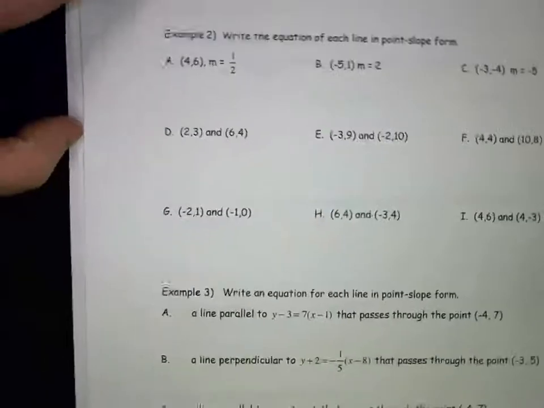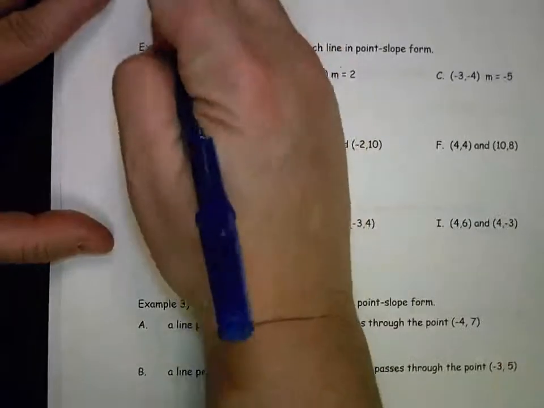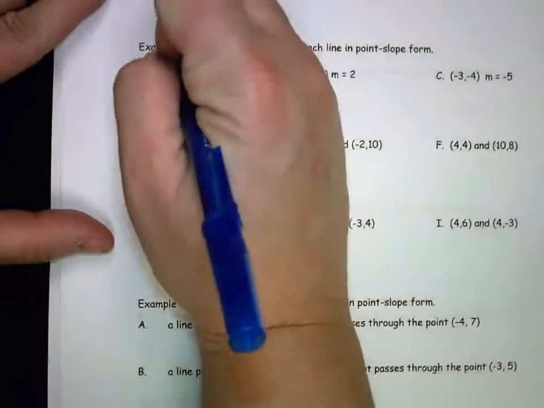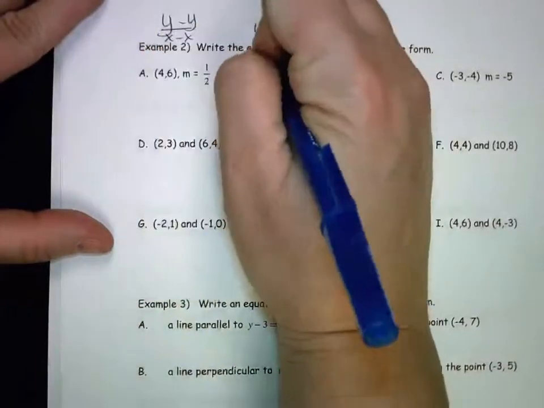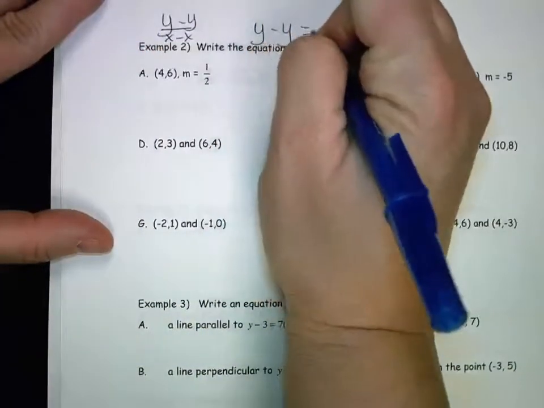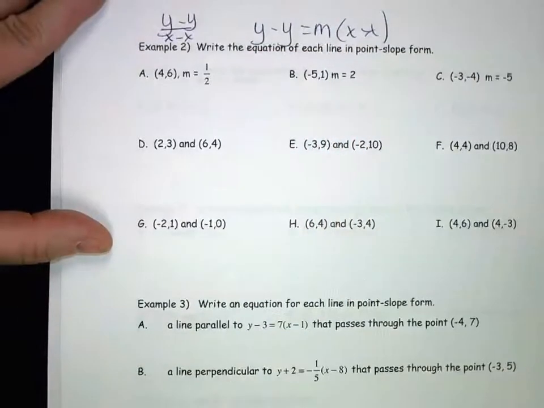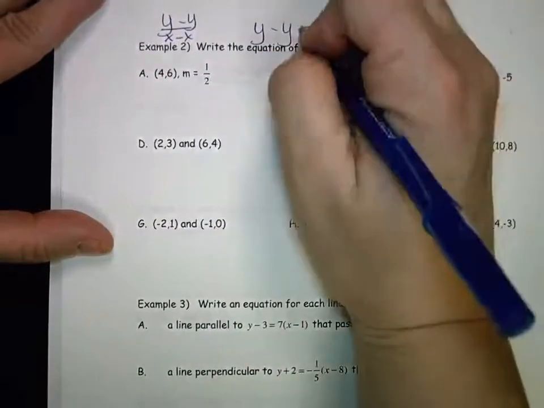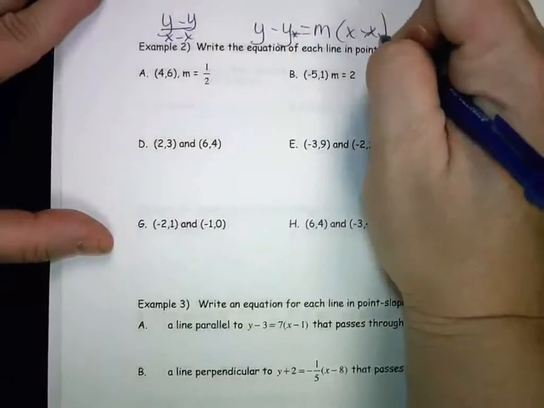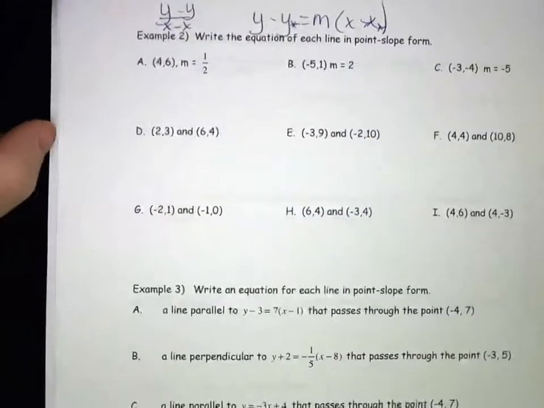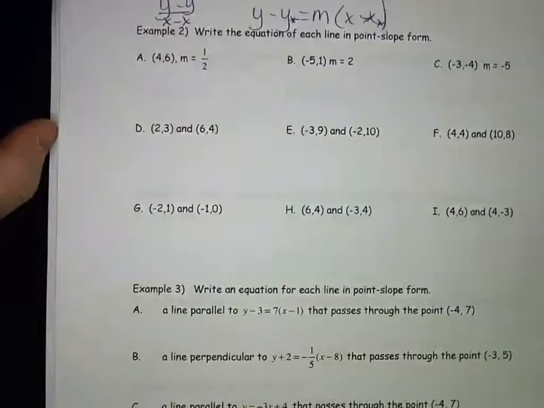At the top of the next page, I'm going to write two things. I'm going to write our slope formula, and then I'm going to write point slope form. And I guess I should do the stars. Y minus y star equals m times x minus x star.